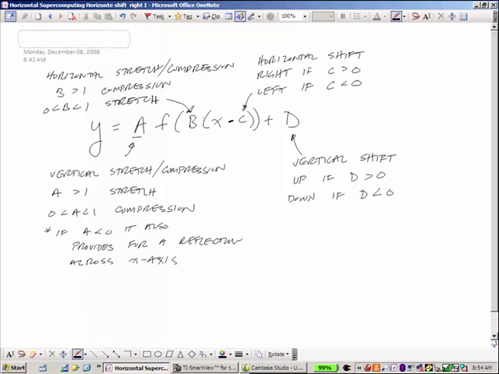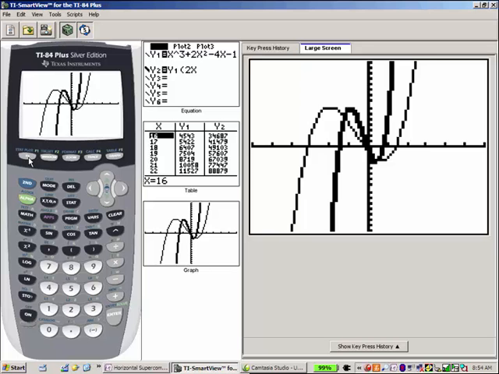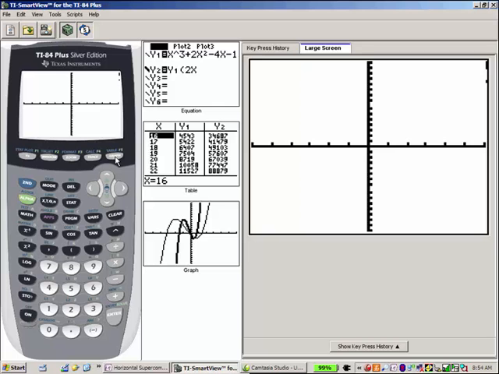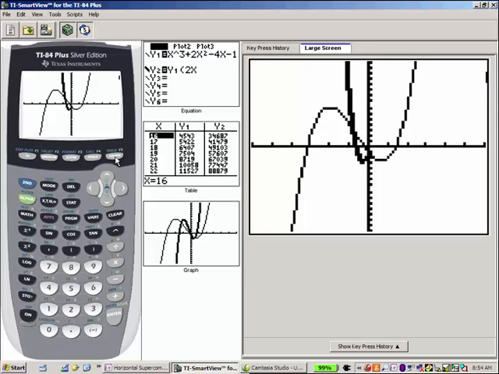You know what else we didn't look at? We didn't look at what happens if B is negative. Let's do that. Let's see if instead of multiplying by 2x, we multiply by negative 2x. So it's going to be a compression and, I don't know.